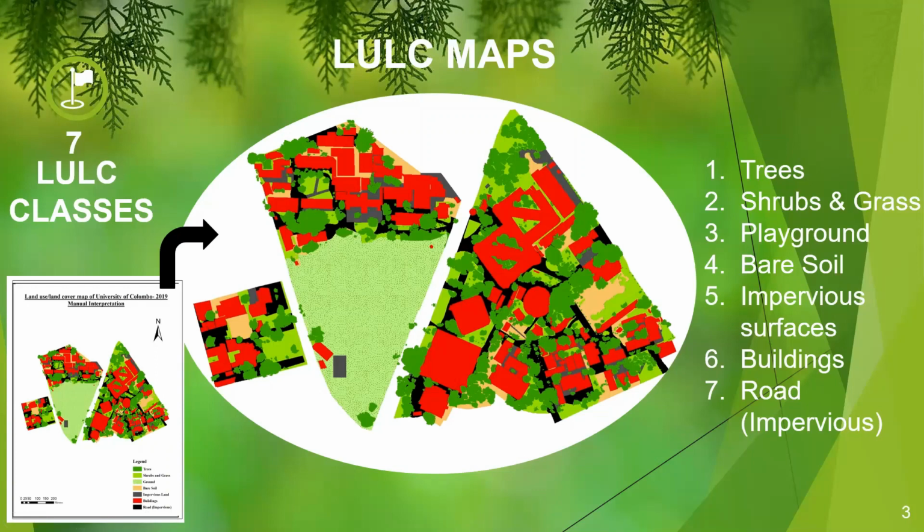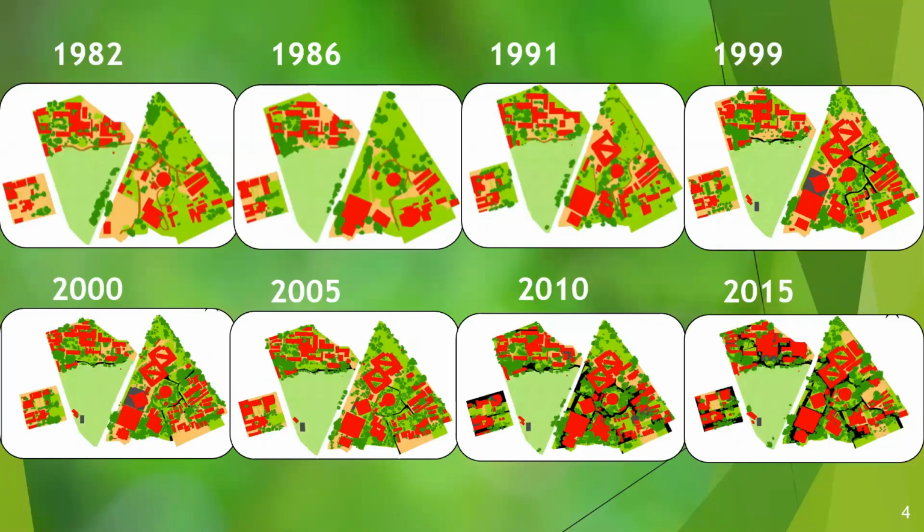So the red indicates the buildings, and the green color trees, shrubs and grasses. And with these land use maps, we generated a time series starting from 82 at different time points. We tried to look at how the land use changes had occurred within the university premises.